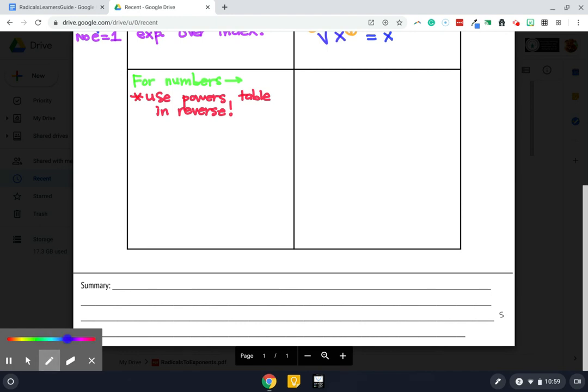However, if it's not in the powers table, we can solve any radical using a calculator.